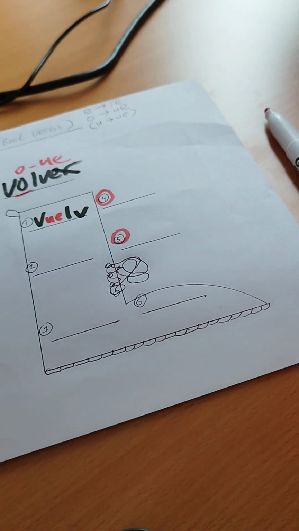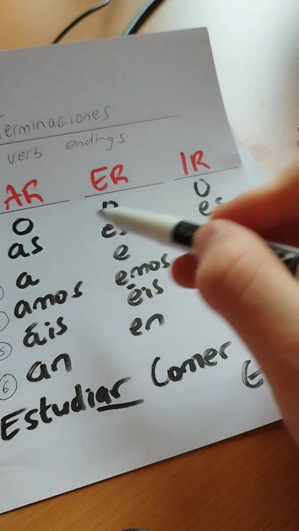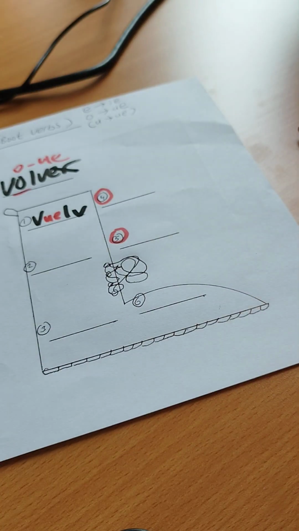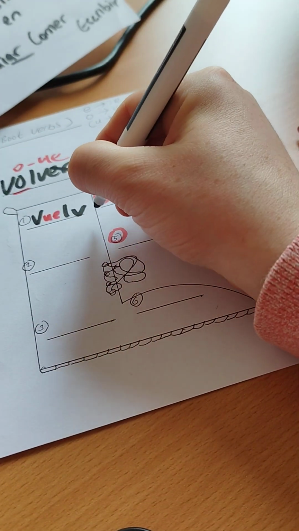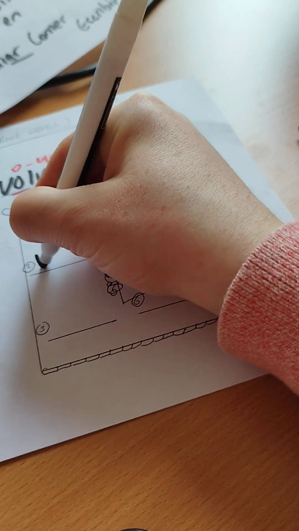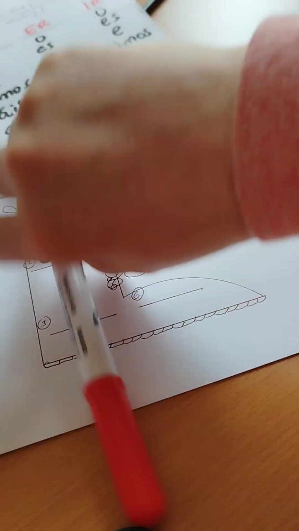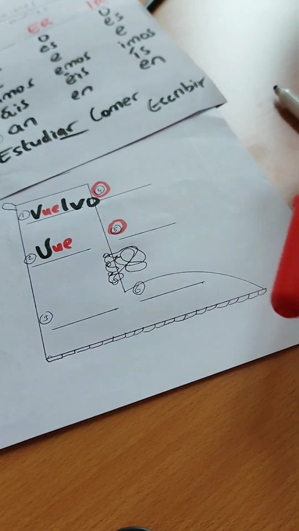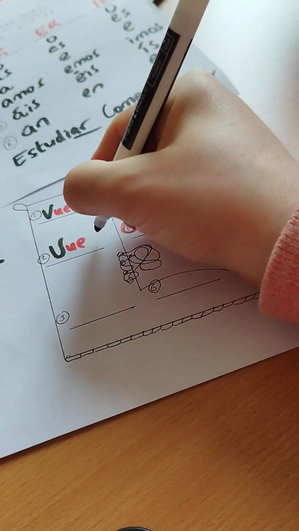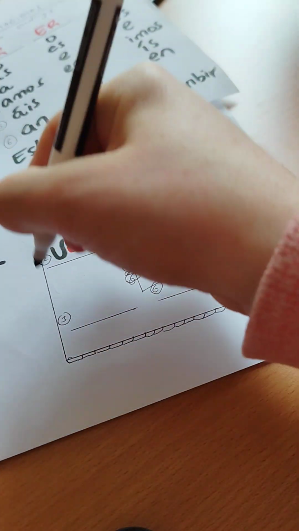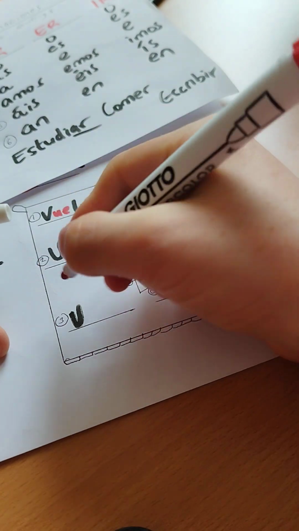Back to this. It's O as well. They're all O in the first person. Hold on. So vuelvo. Vuelves. Vuelve.